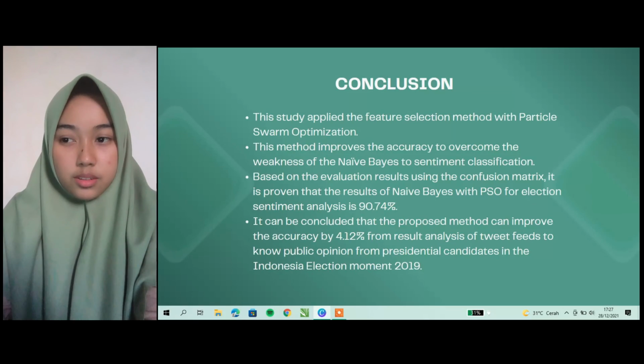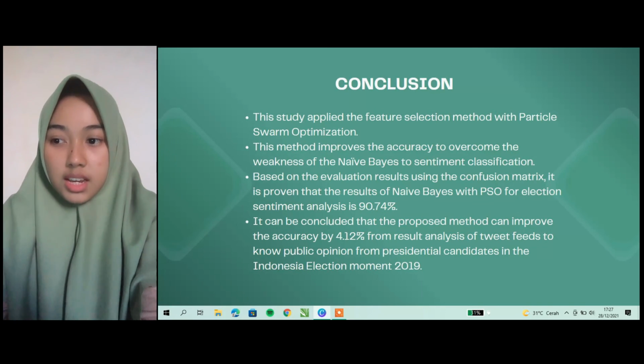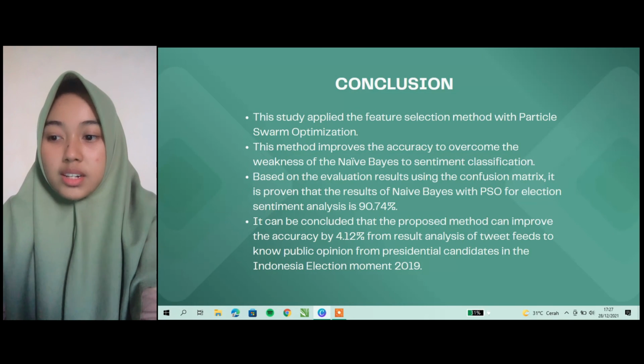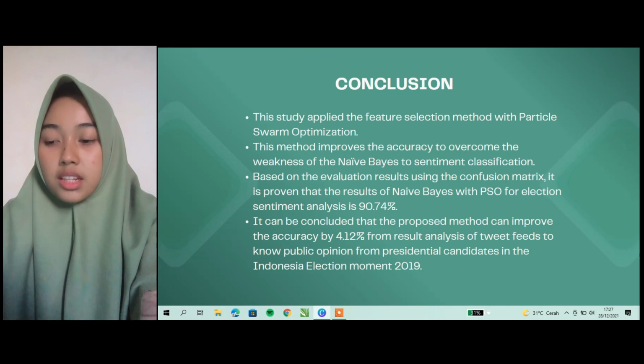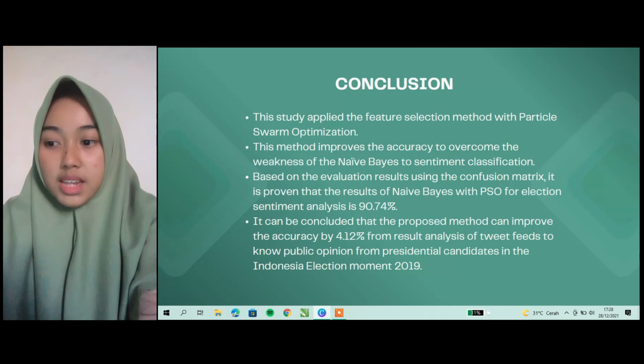In conclusion, first, the study applied the feature selection method with particle swarm optimization. Second, this method improved the accuracy to overcome the weakness of naive-Bayes in sentiment classification. Third, based on the evaluation result using the confusion matrix, it is proven that the result of naive-Bayes with PSO for election sentiment analysis is 90.74%.